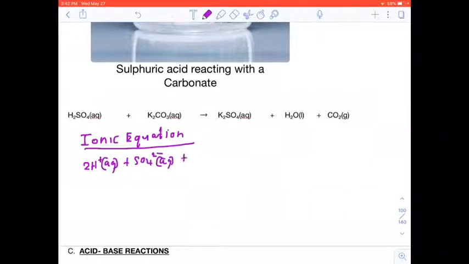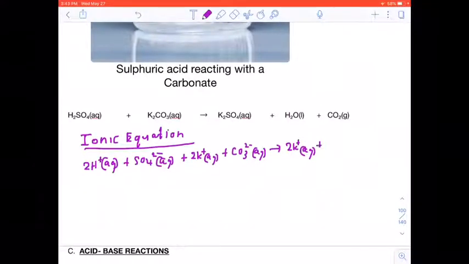and then our potassium carbonate, which is also soluble, so it's 2K plus carbonate, and that then gives us 2K, okay, that's also soluble, plus SO4 2 minus, right?